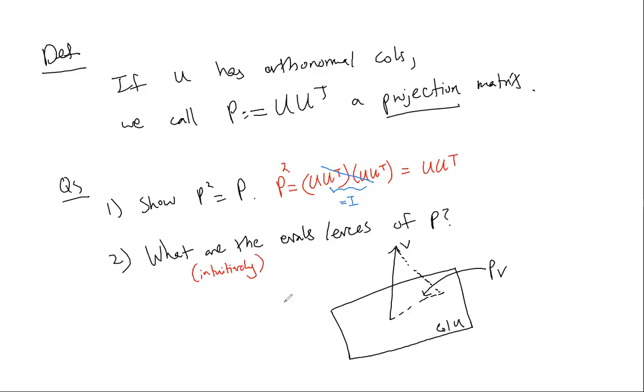Well, if you take V to be exactly perpendicular to the column space of U, if V is in the orthogonal complement, then PV equals 0.